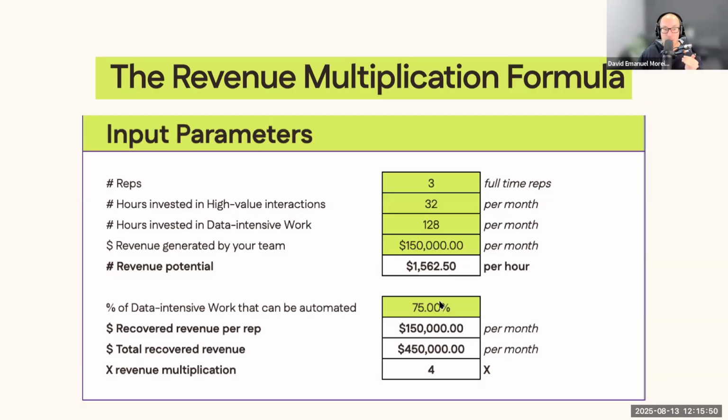If you could automate 70% of these 128 hours per month, you would recover a lot of time that you can invest in these high-value interactions, which will increase the recovered revenue per rep.